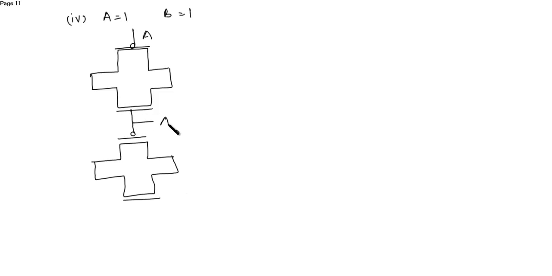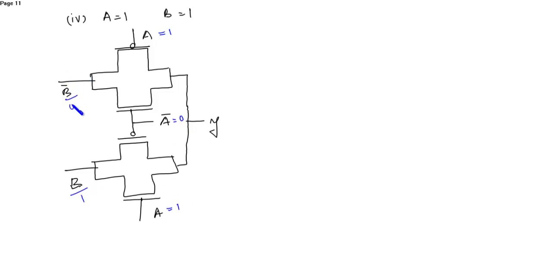This is A, this is A bar, this is again A, this is B bar, B. So now this is the output Y. So here if A is 1, then A bar equals 0, this is 1. If B is 1, then B bar is equal to 0, this is P1, N1, this is P2, N2.